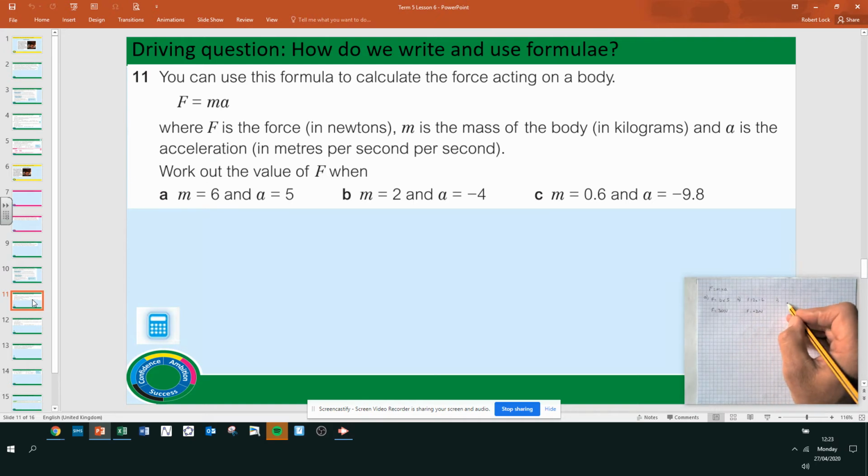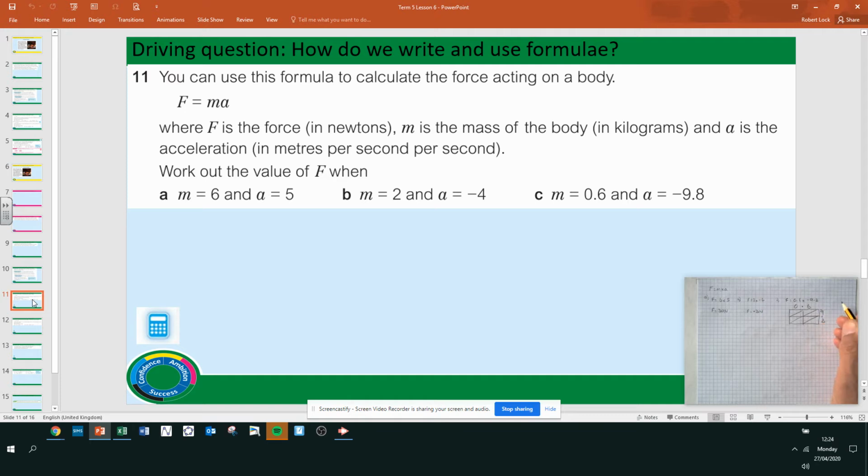C. F equals m, which is 0.6, times a, which is minus 9.8.